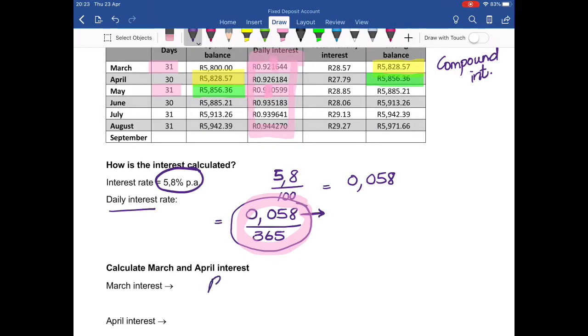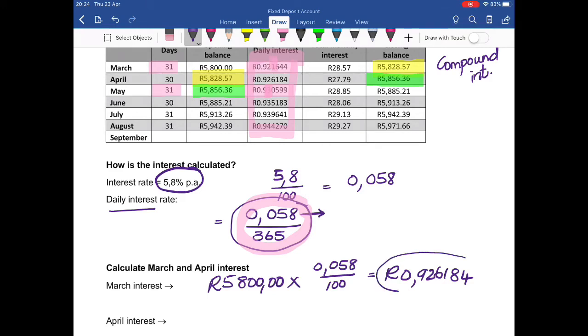Now to calculate the interest on 5,800 Rand, you're going to multiply that by 0.058 over 100, and you will get the value of 0.926184. So that's not even 1 Rand. That is the daily interest.